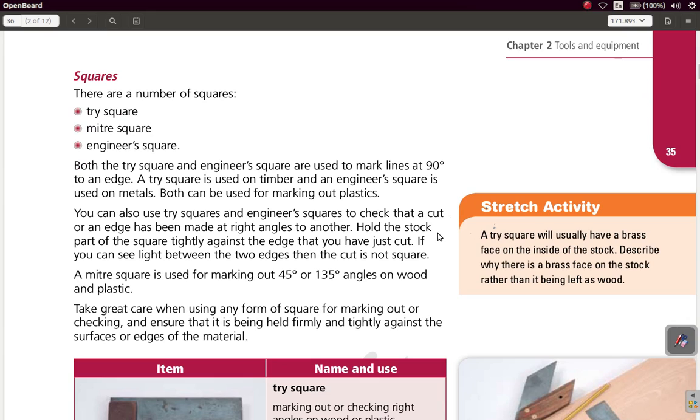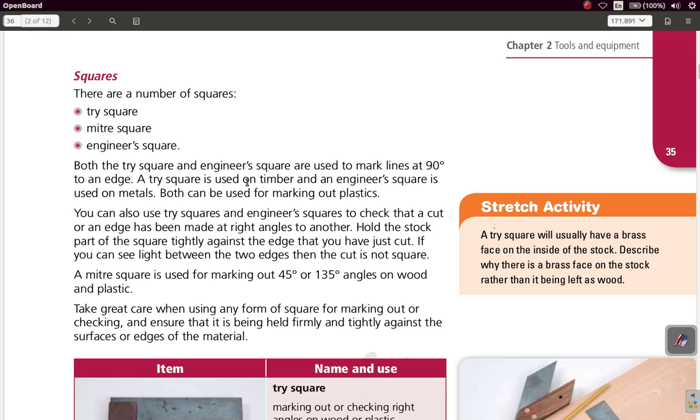Then you have the squares. There are a number of squares: the tri-square, the meter square, the engineer square. Both the tri-square and engineer square are used to mark lines at 90 degrees to an edge.